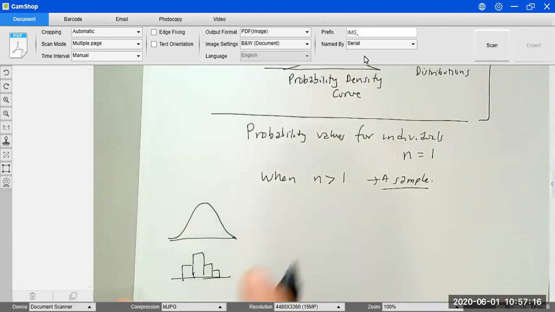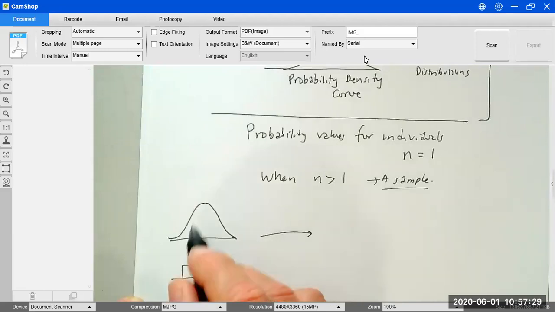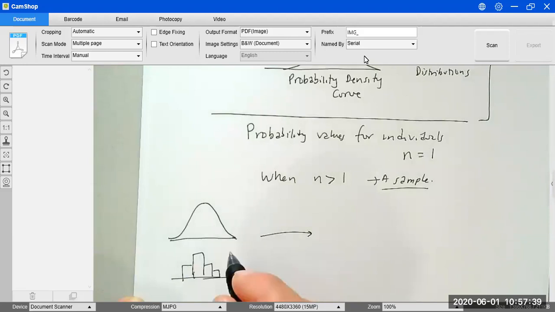So the idea is that you're going to start collecting samples from each of those. From now on, I'm going to use just the symbol for a population consisting of discrete data, but this explanation is valid also for a continuous population.